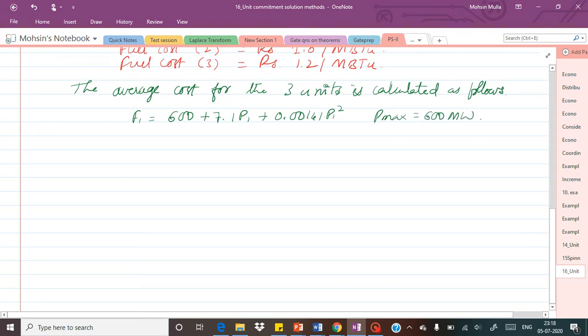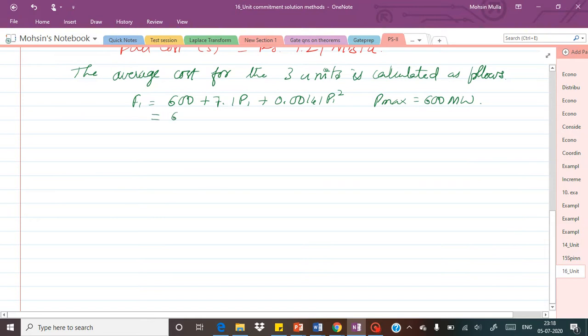Okay, so now substituting that P max value, 7.1 into 600 plus 0.00141 into 600 square.